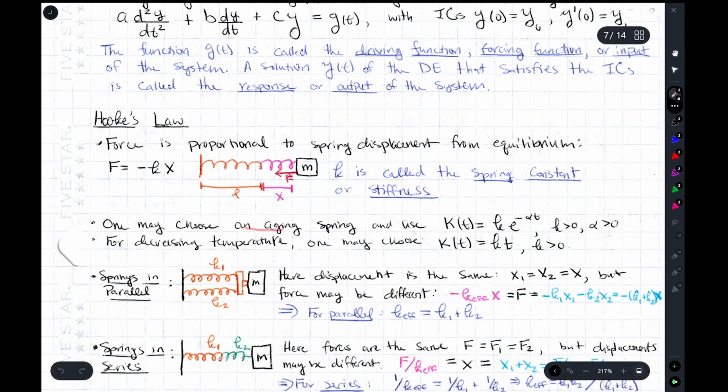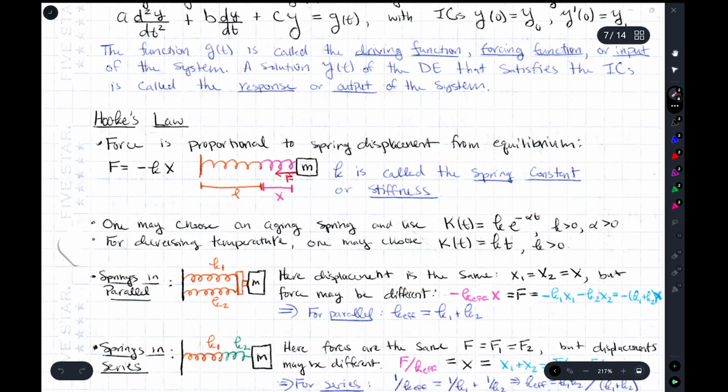This is just an aside, something to know. One may choose an aging spring and use, for the spring constant, a non-constant. So you could take the spring constant to be non-constant and set it equal to k times e to the negative alpha t.